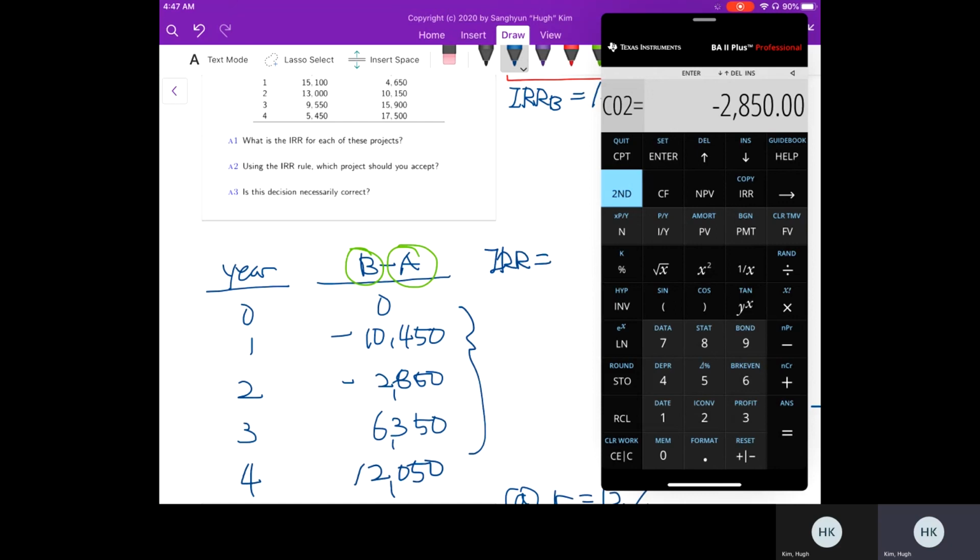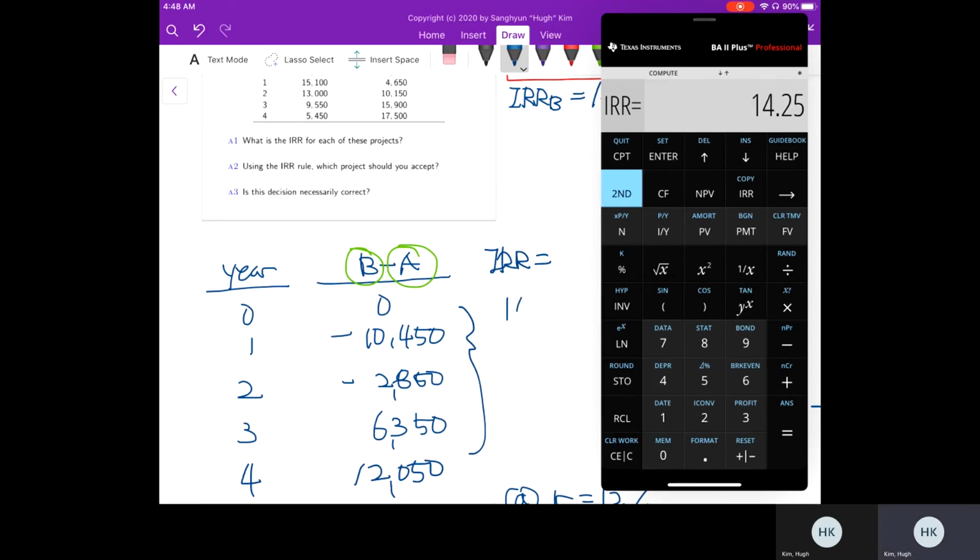And the third year cash flow is 6,350, so that's a positive number. Press enter. Cash flow for year 4 is 12,050. Press enter and go to IRR. So press IRR and compute.